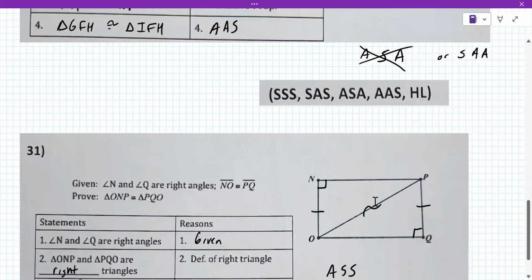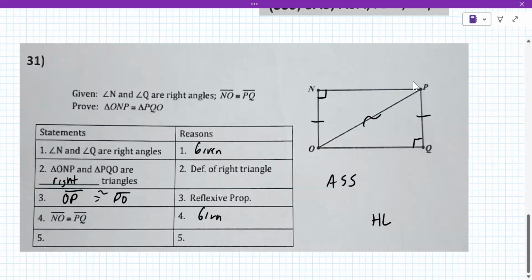You can get into the nuts and bolts of it, like, well, why is it? But to prove it, we need the hypotenuses to be the same, which we have, and that one of the legs are the same. So that's the reason triangle ONP is congruent to triangle PQO.